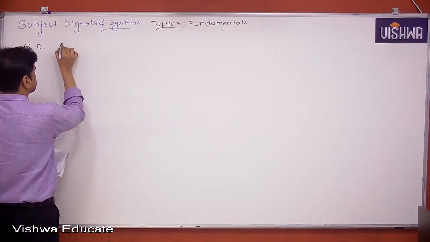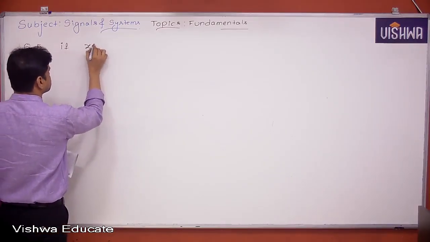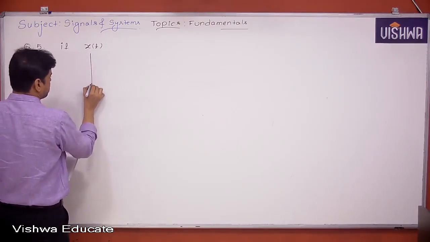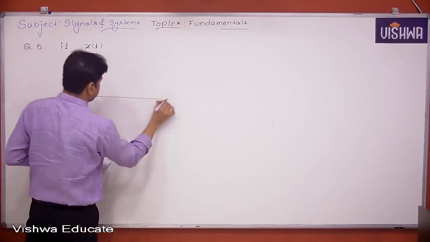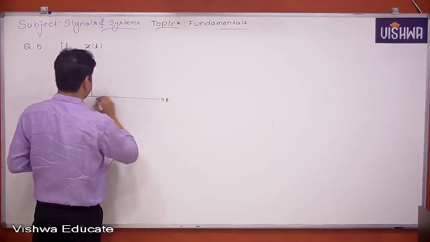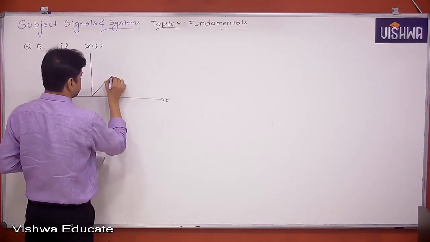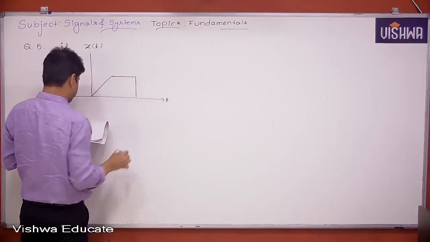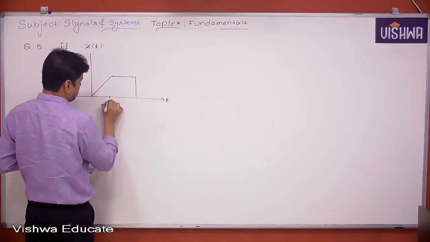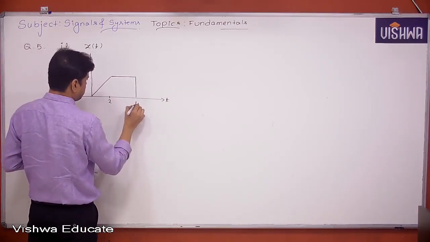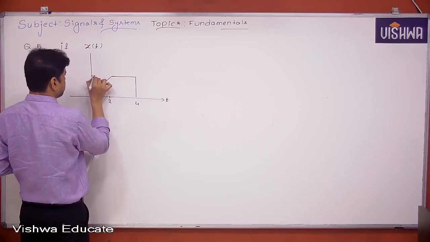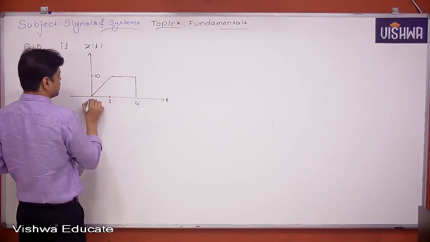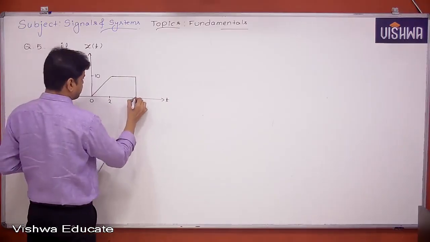If x of t is given like this, this is what the x of t is given.